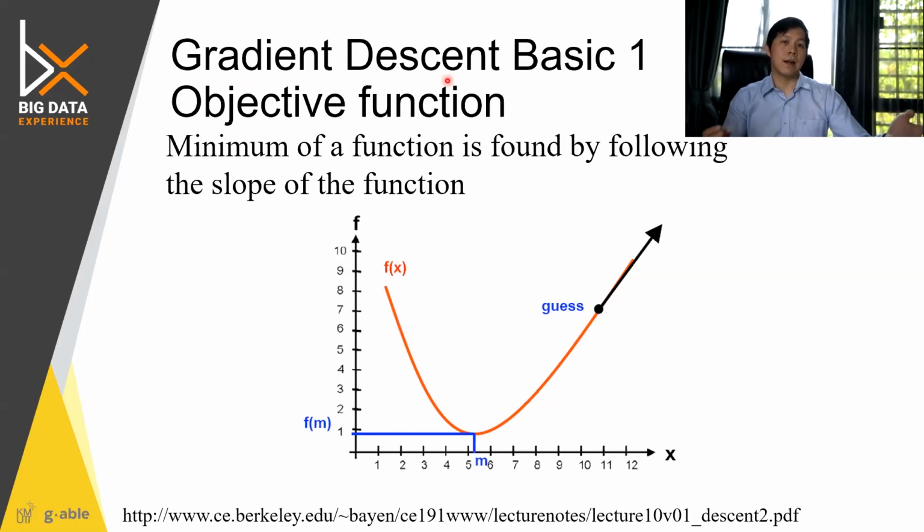But if there are lots of trees and you see only the path in front of yourself, a certain path goes down, a certain path goes up, which way would you go in order to go down the mountain? That's the idea of gradient descent. You are trying to find the gradient. The gradient is the direction in which, when you change the values of variables, the value of the function will change.